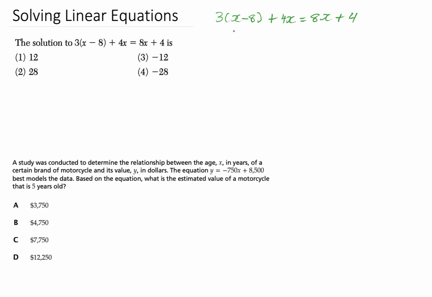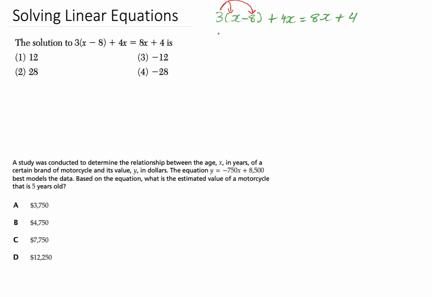When solving this linear equation, the first thing I notice is I have parentheses, so we must eliminate those. To do that, we're going to use the distribution property. We multiply everything in the parentheses by 3, which means it's just the x and the 8. I tell my students to draw arrows because sometimes they forget to multiply by the last term.